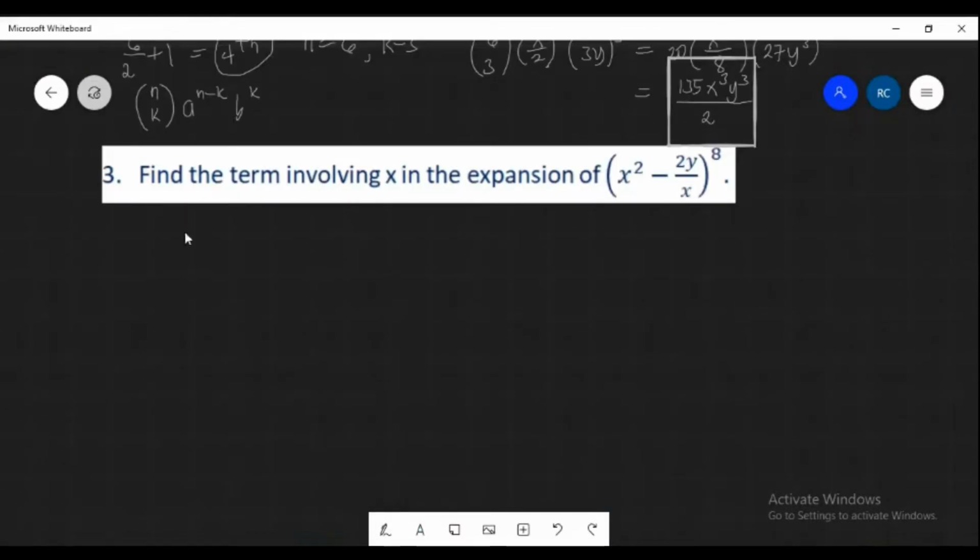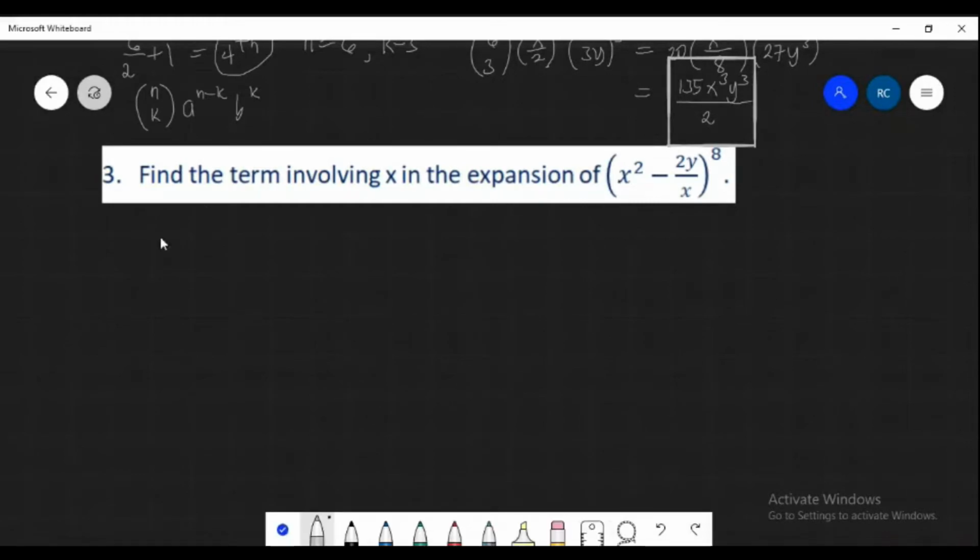Okay. Let's move to number 3. Find the term involving x in the expansion of x squared minus 2y all over x, raised to 8. Naku! So basically, ang binigay lang dito yung value ng n.